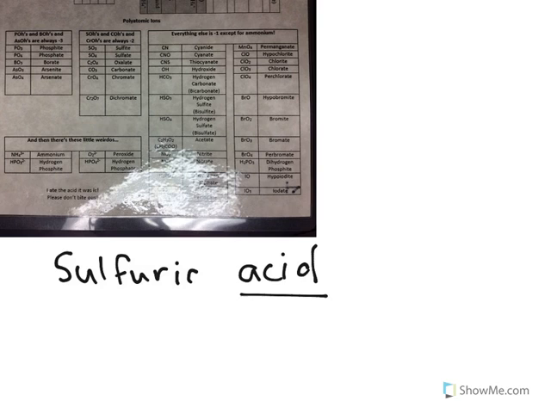All right, so let's say that we have the name sulfuric acid. Since it's an acid, we're going to start with H, always starting with H. Then we look at the ending. This is an IC ending, and IC means ATE. So we change that IC to ATE.